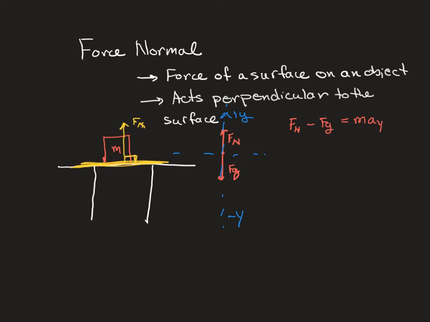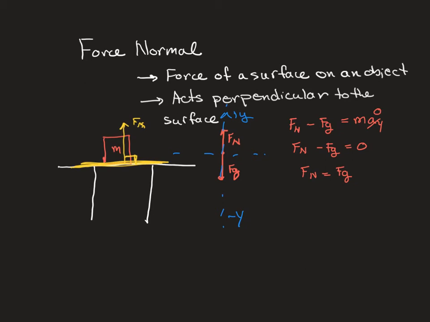Now the box is just sitting there, and because it's at rest, there's going to be no acceleration. So this is going to be 0. So that means the force normal minus the force of gravity is 0. Or that the force normal is equal to the force of gravity in this particular situation. So they're equal but opposite to each other.